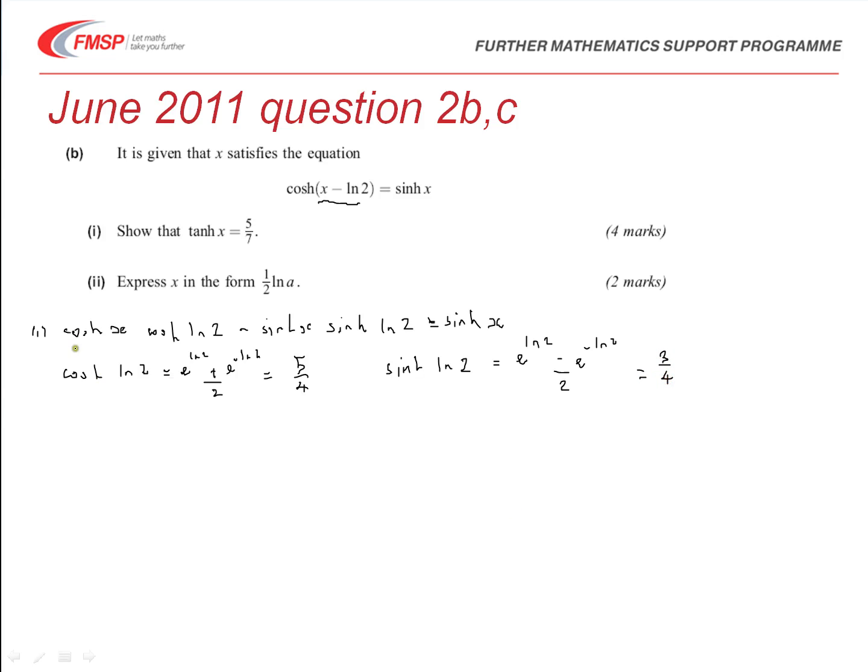So we can substitute those back into our equation. So that gives us 5 over 4 lots of cosh x minus 3 over 4 sinh x equals sinh x.